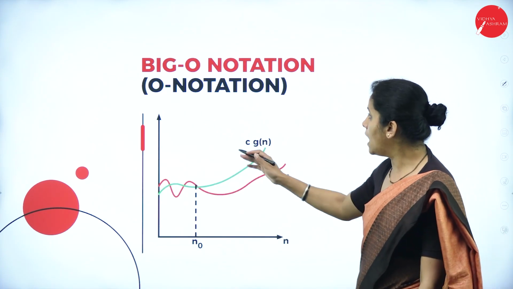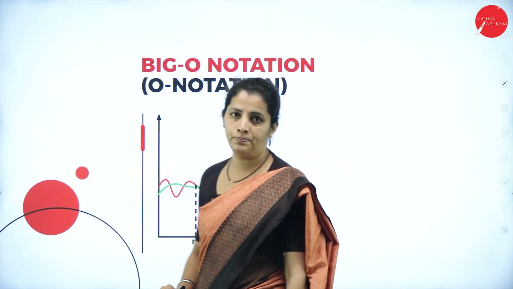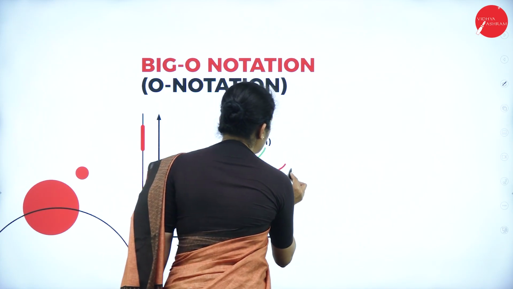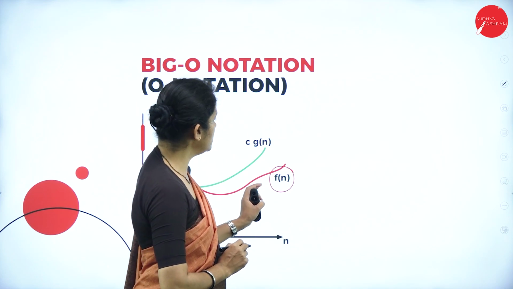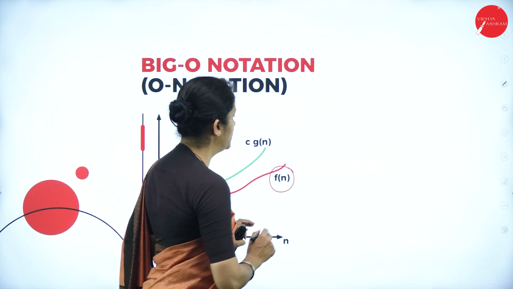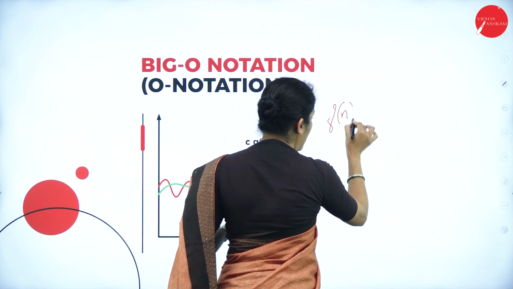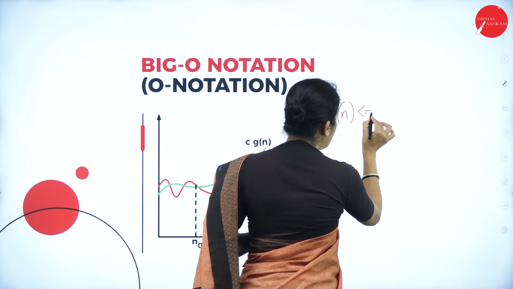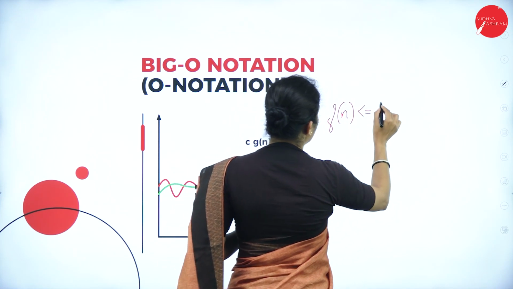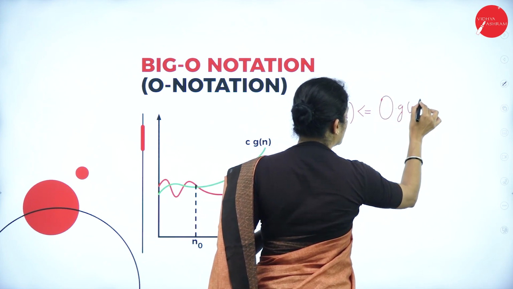Now see here, I'm going to have the big O notation. What's my function? It is f of n. To cross check, my f of n must always be less than or equal to big O of g of n.